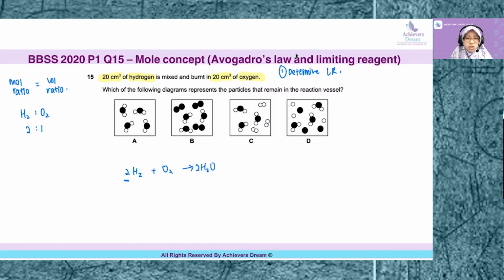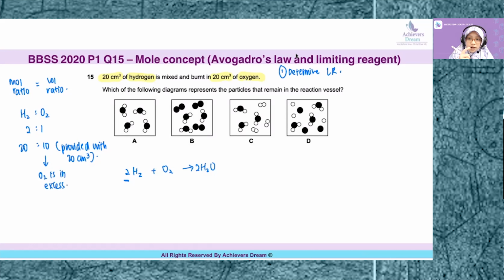Now let's take 20 cm cube of hydrogen as the base to determine the limiting reagent. 20 cm cube of hydrogen will actually require 10 cm cube of oxygen, but you are provided with 20 cm cube of oxygen, correct? Since you are provided with 20 cm cube when you only need 10 cm cube, this means that oxygen is in excess.